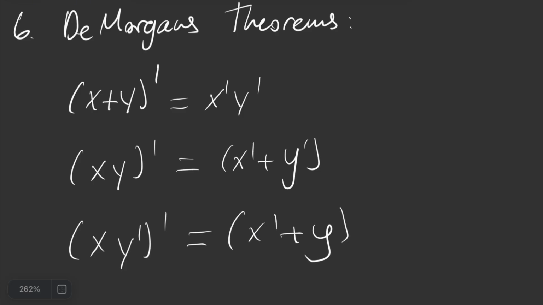Okay? So we're just going to flip the order of the variable. If it's x, it becomes x not. If it's y, it becomes y not. We're going to flip the operation, because this is an and operation to an or operation. And then we're going to flip the outside not value.